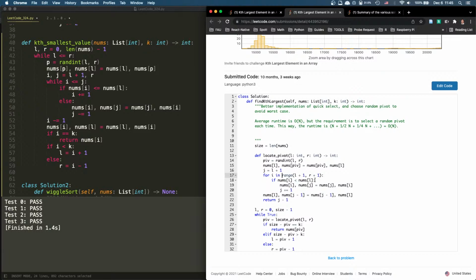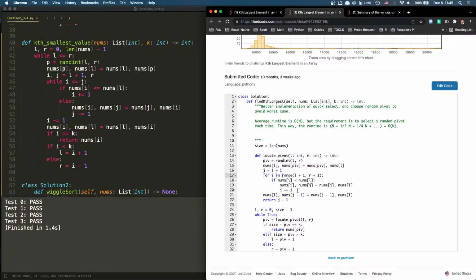If num is equal to or larger than, after we swap, I swap, and then I move forward. How? You say I is smaller than this, right?